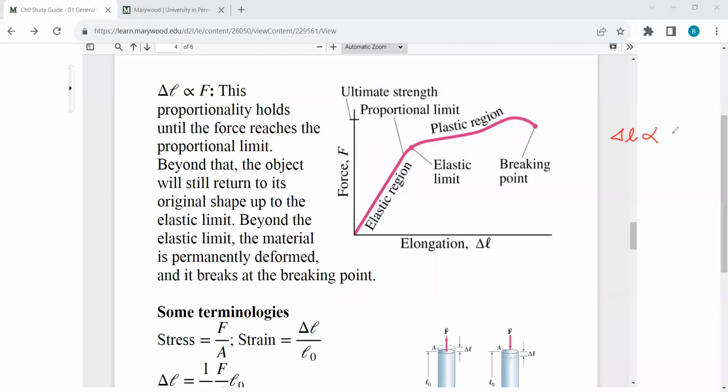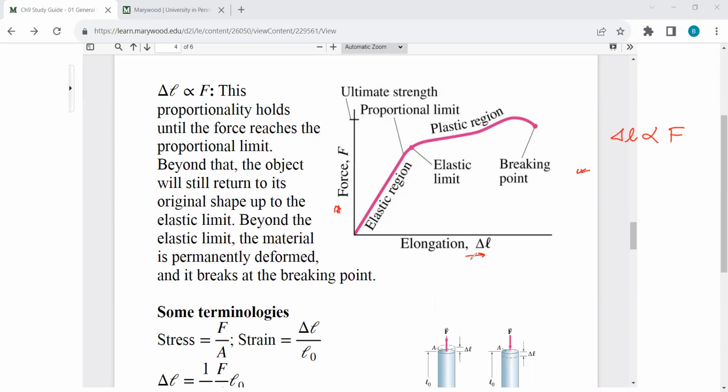Now let's draw this graph. This is basically an experimental graph. Here they use force in the y direction and the elongation or extension in the x direction.